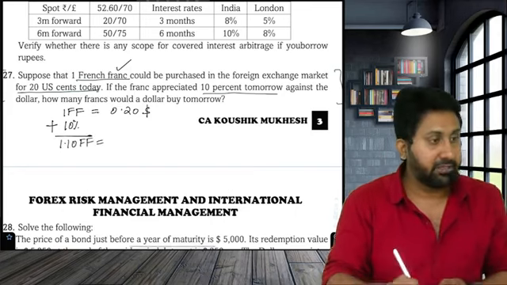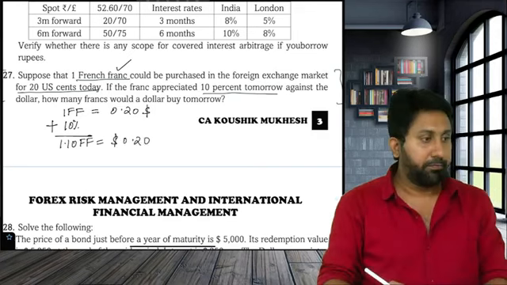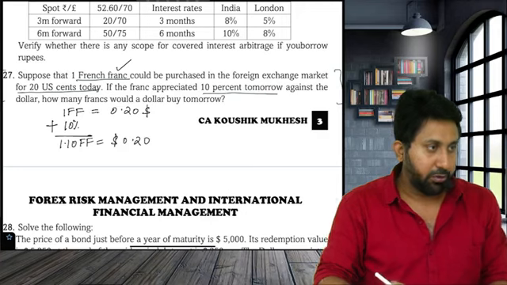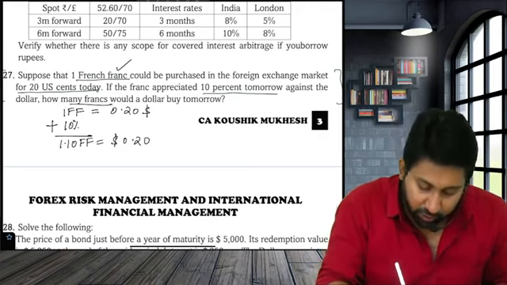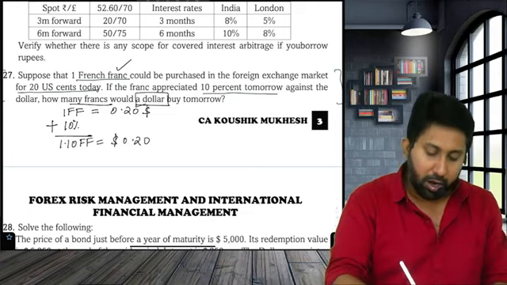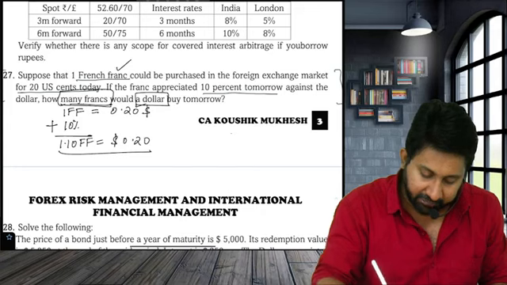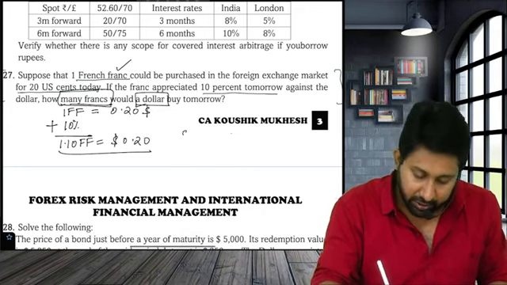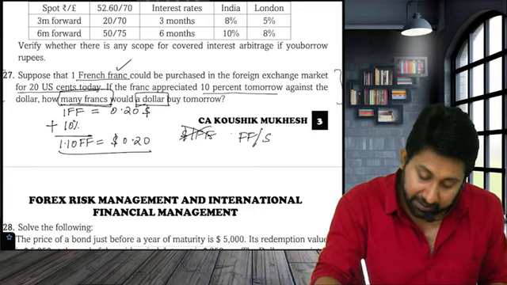1.10 French francs equal to $0.2. He is asking the question, how many francs would a dollar buy tomorrow? He is not asking in dollar per FF format. He is asking the number of francs per dollar.